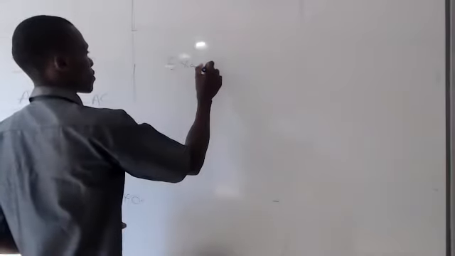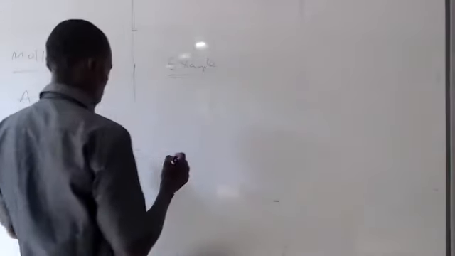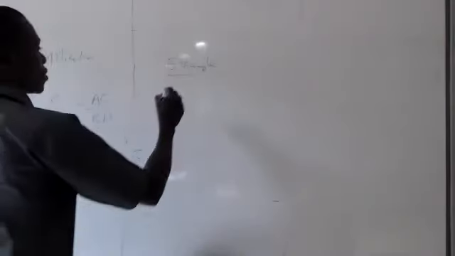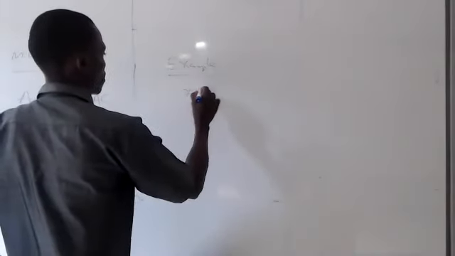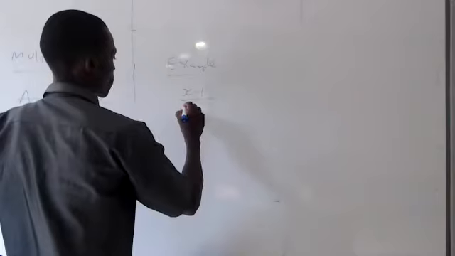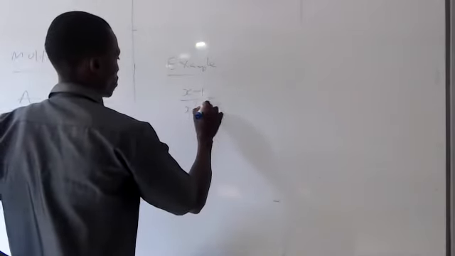For example, let's say you have x minus 1 divided by x squared minus 4.